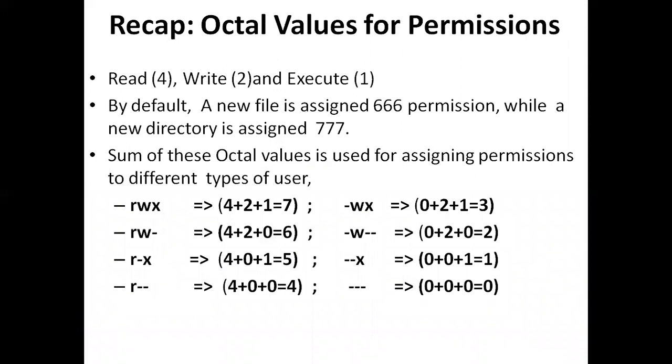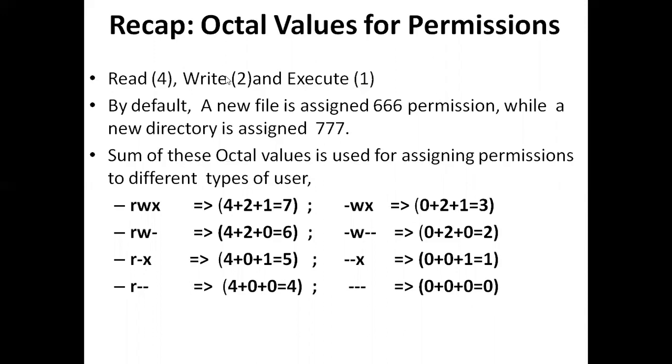Now, one should also understand the octal values for permissions. Octal values means one can give only values 0 to 7. Read is given the octal value 4, write is assigned the octal value 2, and execute is assigned the octal value 1.